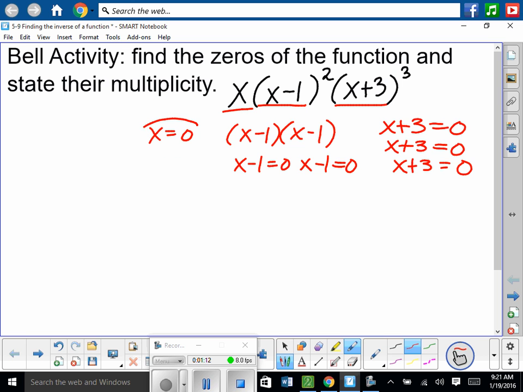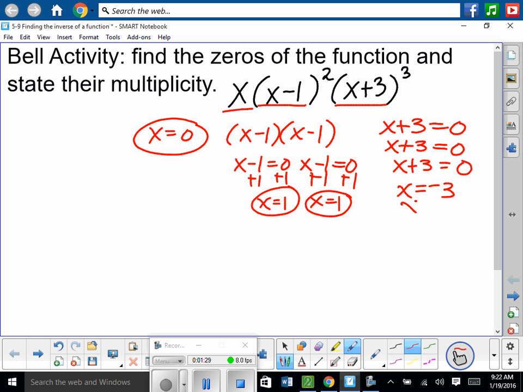So we get x is equal to 0. There's one of our answers. We get x is equal to, we add 1, x is equal to 1, x is equal to 1. There's 2 more answers. And we get x is equal to negative 3, right?